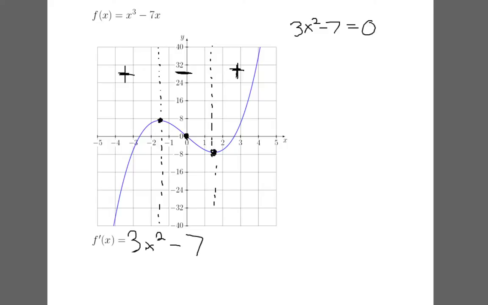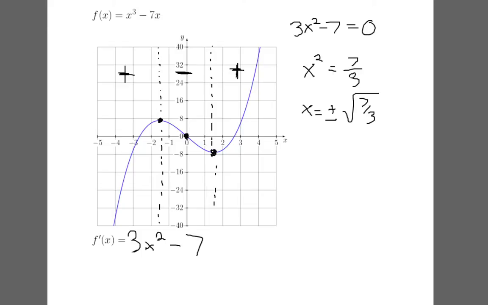So do a little bit of algebra. We get x squared equals 7 over 3. And since it's squared, x could be plus or minus the square root of 7 over 3.